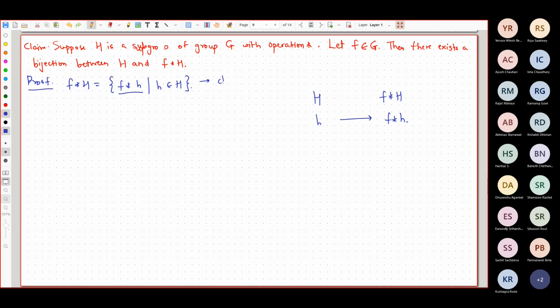So H going to f star H is clearly a surjection, by definition of f star H. Why is it injective?